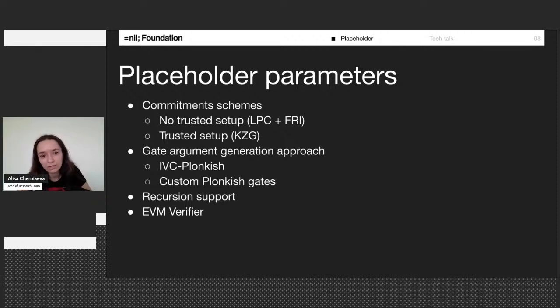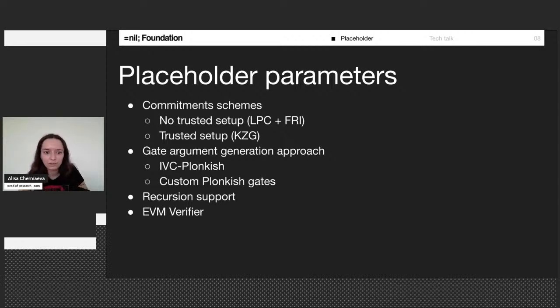Also, we have some flexibility in how we can generate gates. First of all, we have IVC plus PLONK constraints. About IVC, you can hear about it when you read about Nova, SuperNova, HyperNova, maybe Protostar. But I really don't like just taking R1CS and Nova.